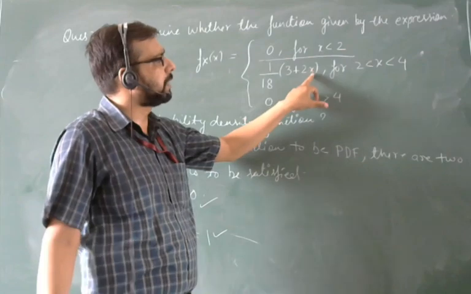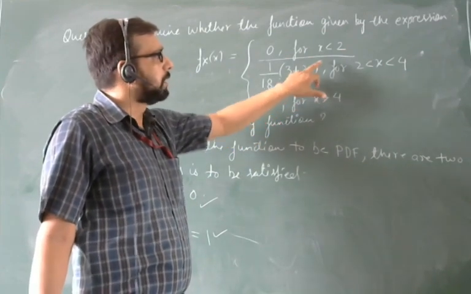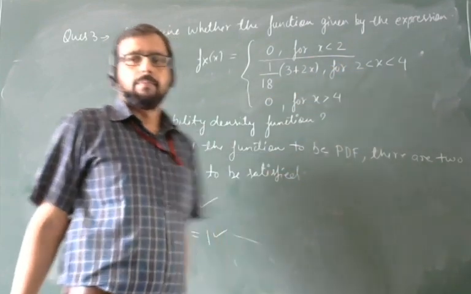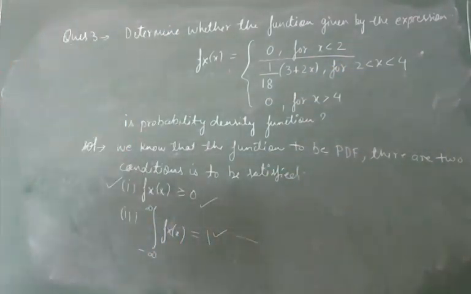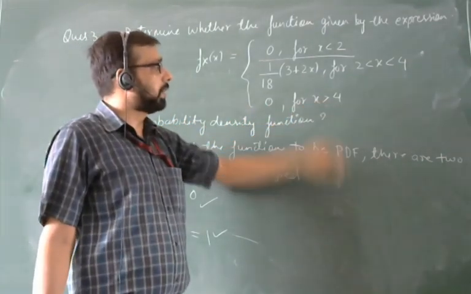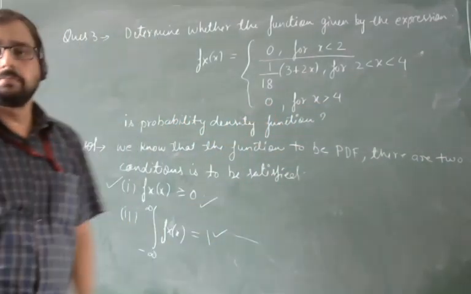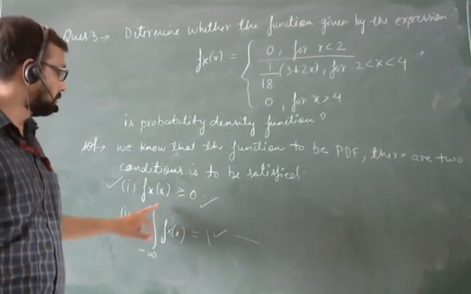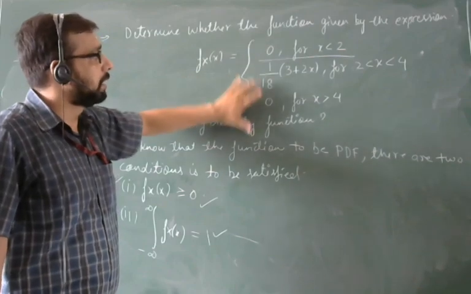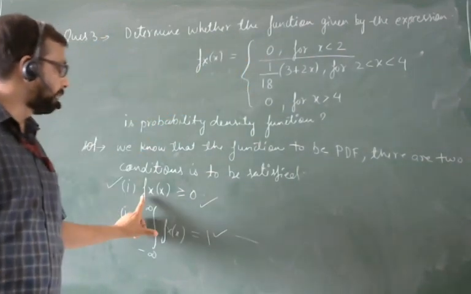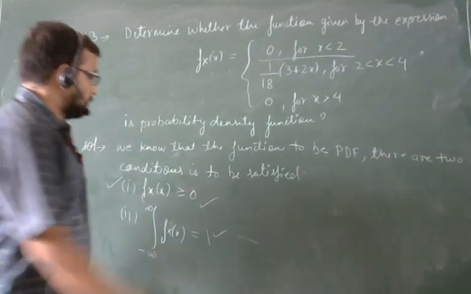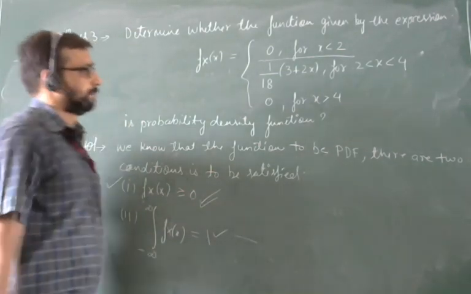Then if we place x in here, the overall value is positive for positive x, so the second line also satisfies the condition. Now the third one, for x greater than 4 the value is equal to 0, so this also satisfies the condition. We can say that in all three intervals the function satisfies the first condition. Okay, this condition is satisfied.